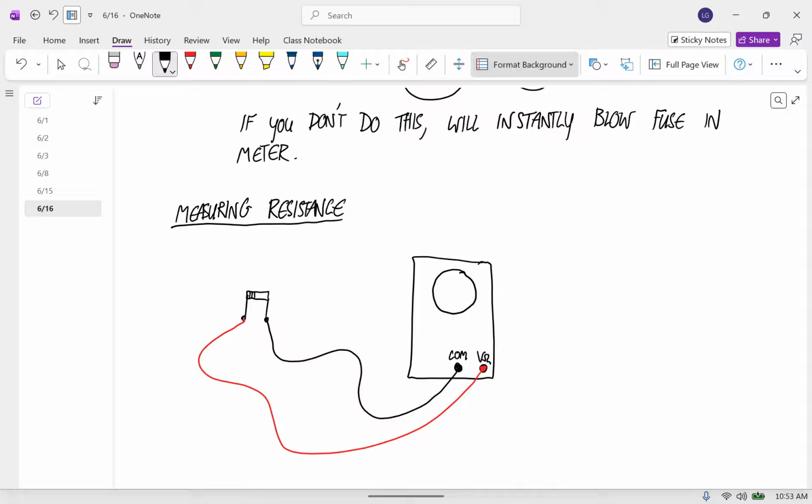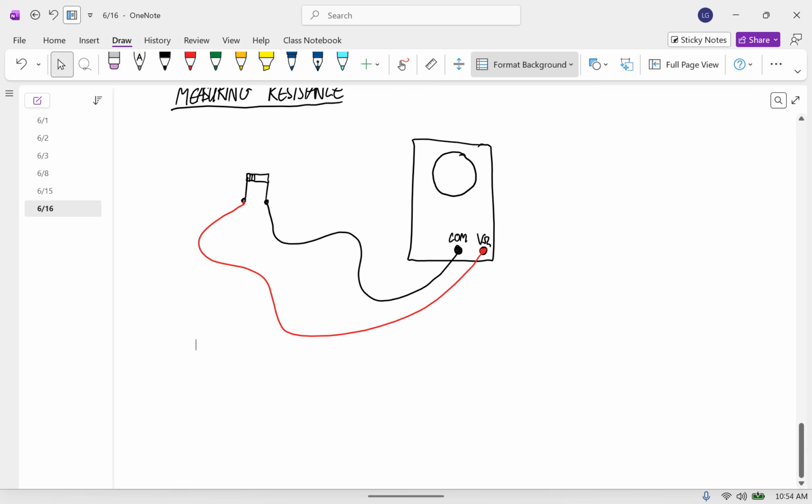The one that we want, in every case, whatever measurement you're taking, is always going to be the smallest setting that's bigger than what we're measuring.